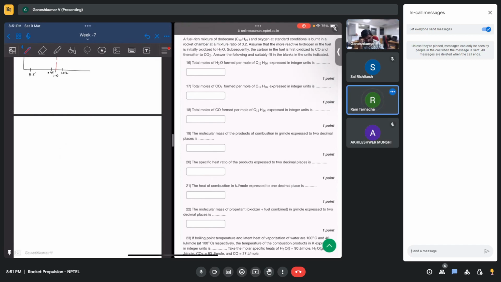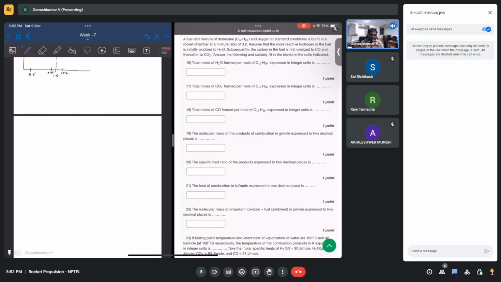I am getting 17 moles of oxygen molecules, so 1 mole of C12H26 and 17 O2. Then we have enough to oxidize to CO. We have only 12 carbon and 17 into 2, 34 oxygen atoms.